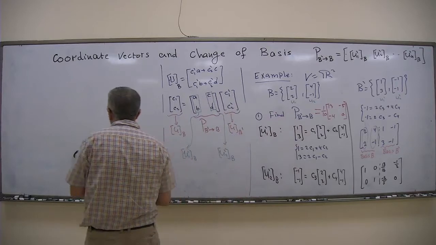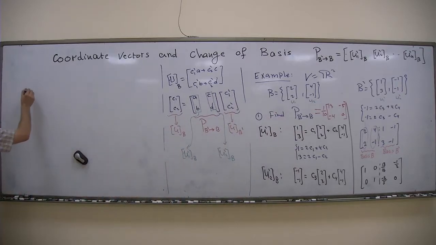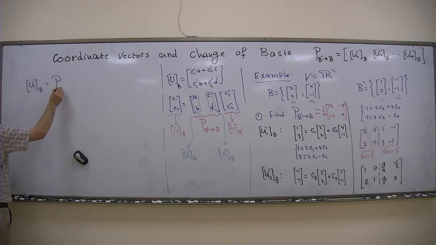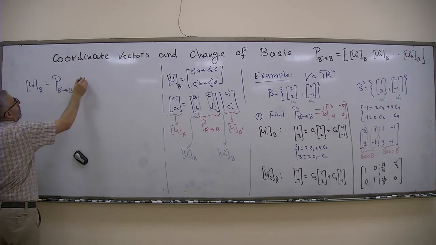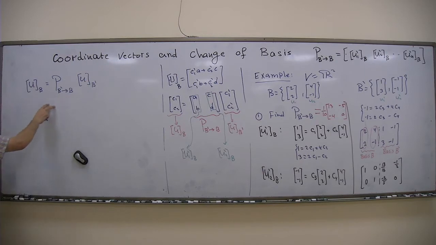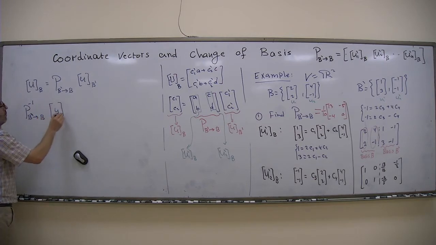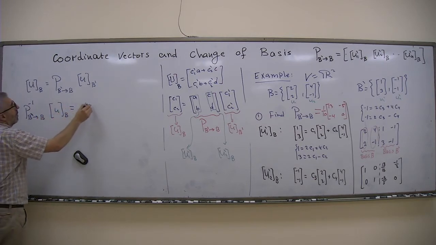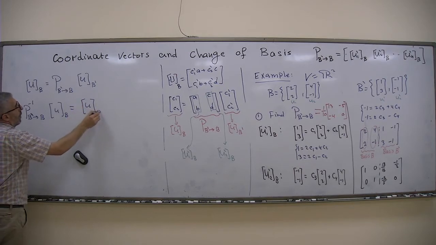Which means if you have U with respect to B equals P, here B prime to B, and here U with respect to B prime, and you want to write it the other way around, you can say here B prime to B inverse U B, and that is U with respect to B prime.